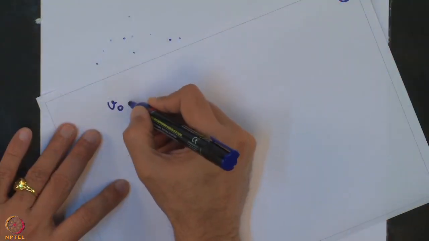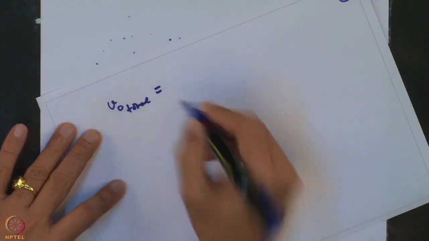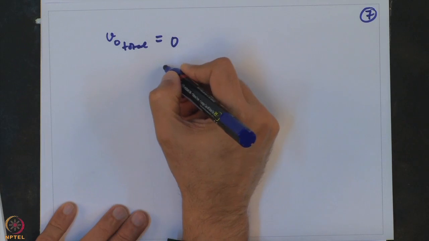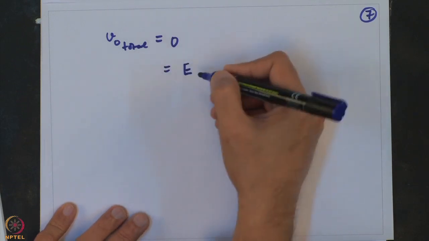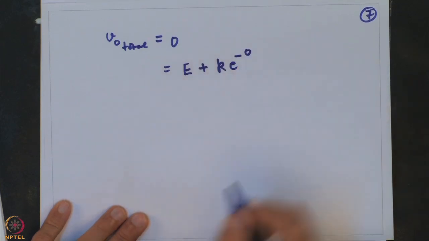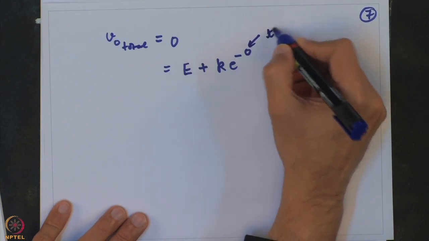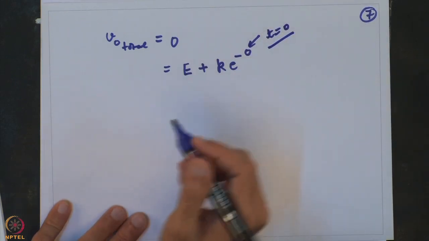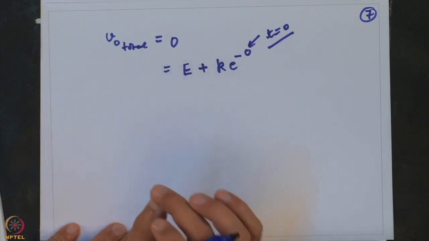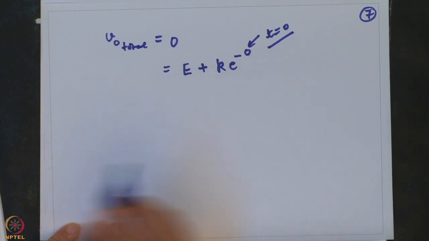So, considering this particular initial condition, I can say V0 total is equal to 0 is equal to E plus k e raised to power minus 0, because I have just said t is equal to 0 here. So, at t is equal to 0, we are using this condition that the output voltage is 0, and I have just substituted t is equal to 0 in the rest of the expression on the right side.